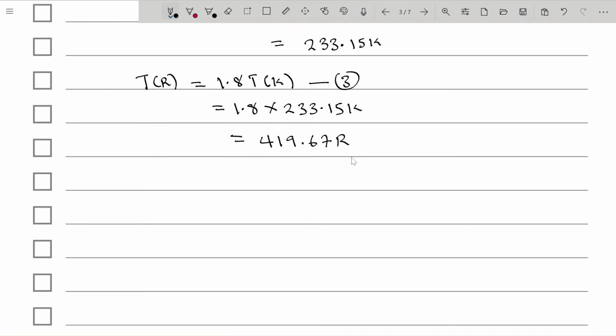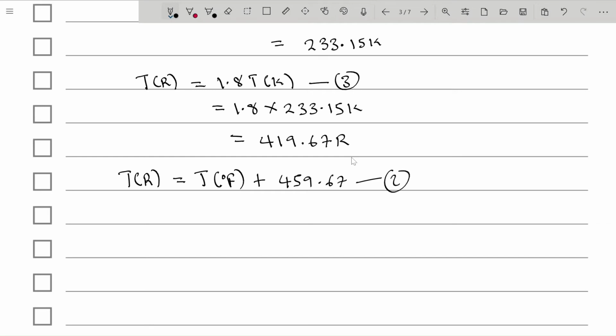So the last question says we should convert it to degree Fahrenheit. To convert it to degree Fahrenheit, we are going to use equation 2, which goes temperature in Rankine is equal to temperature in degree Fahrenheit plus 459.67.